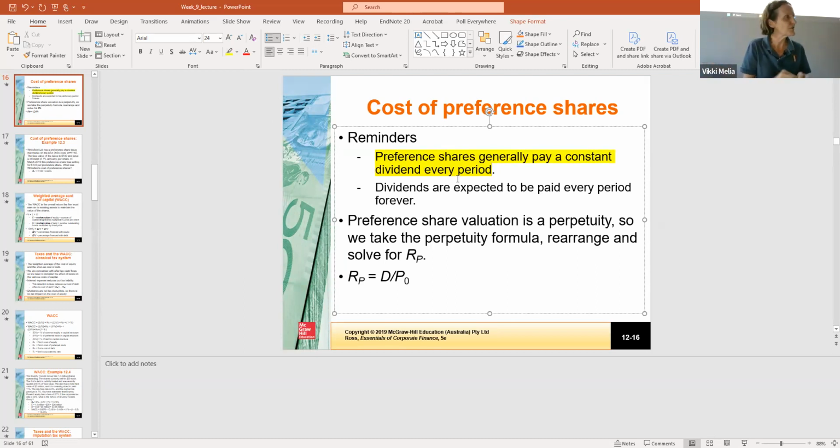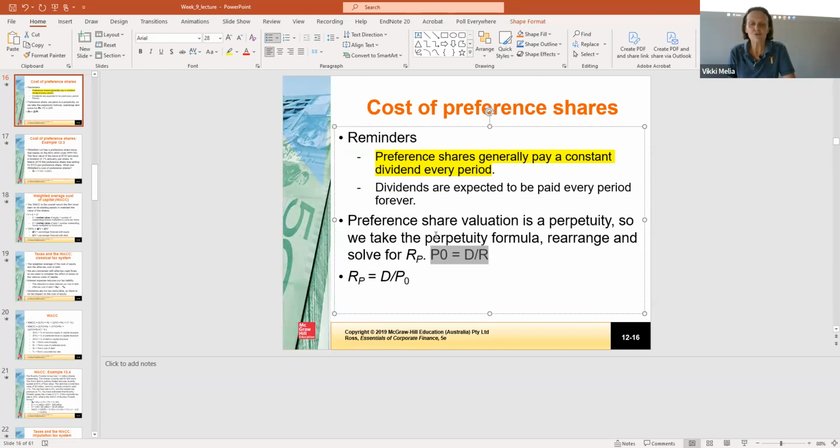The future cash flows are those fixed dividends every year. So we said P0 is equal to the dividend divided by R, which is just the present value of a perpetuity formula. The present value is equal to the cash flow, which is the dividend, divided by the rate of return.